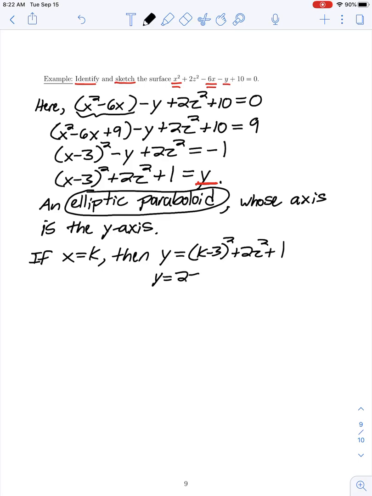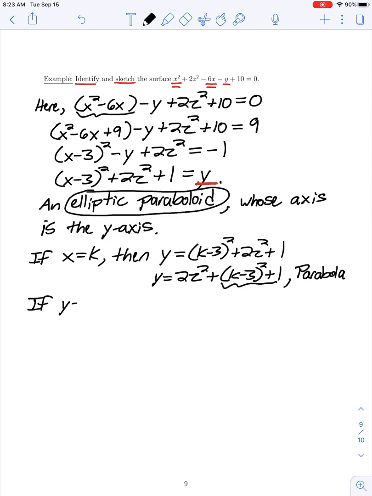Or rewriting this just slightly, we would have 2z squared plus whatever k minus 3 squared plus 1 works out to. So this would be a parabola. A parabola opening along the y-axis in the yz plane, whose vertex is determined by this constant.